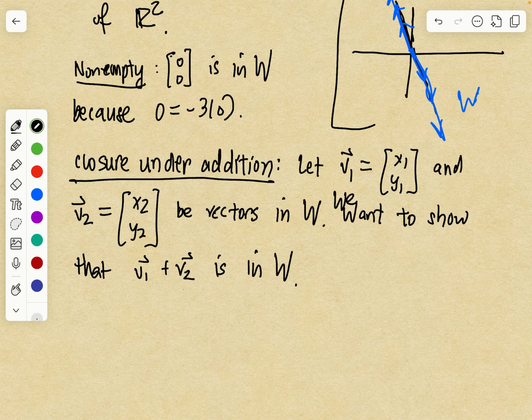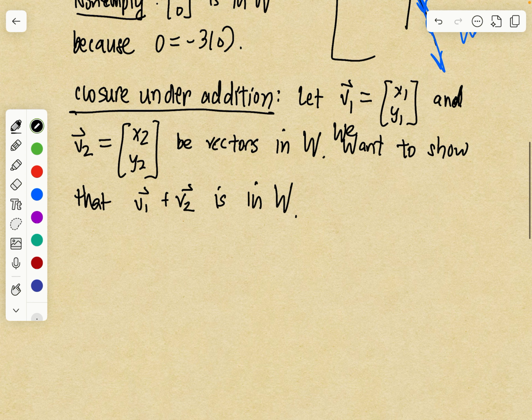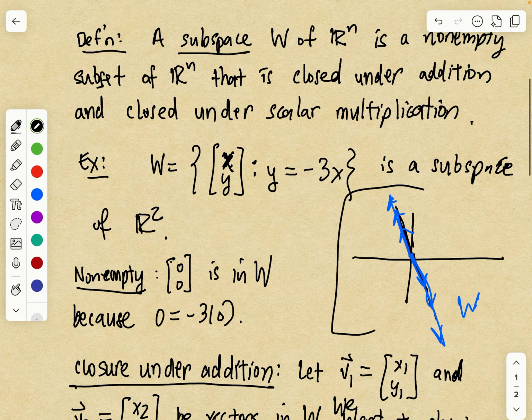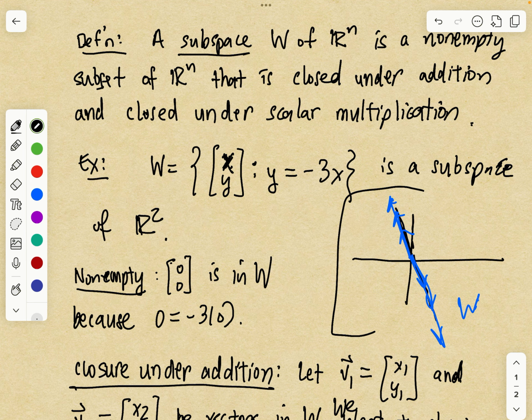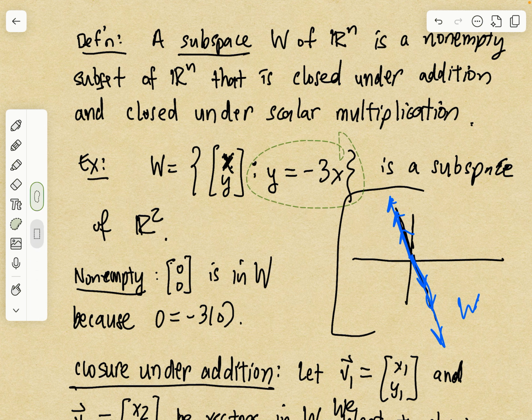Now we need to practice writing out what it means for a vector to be in W. What distinguishes a vector that's in W from a vector that's not? What makes a vector in W is that the second component is -3 times the first component.